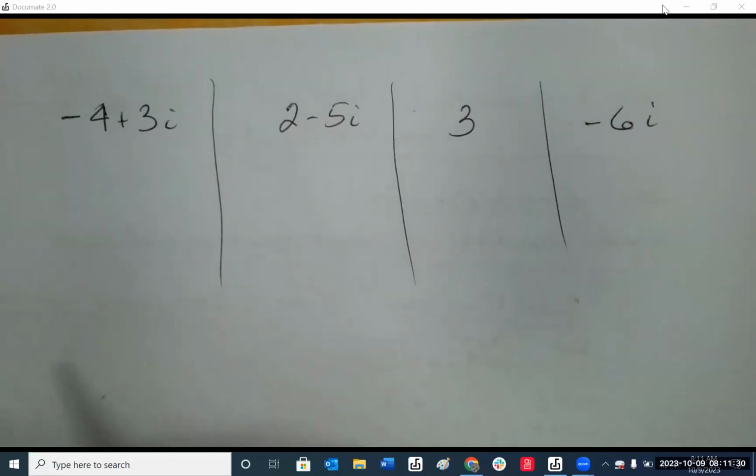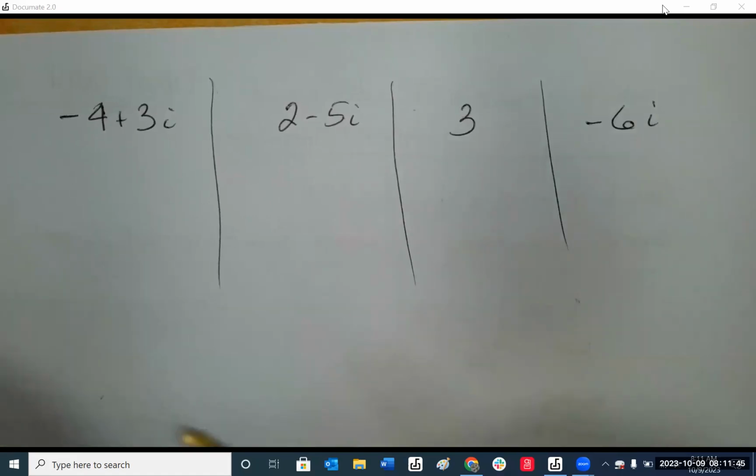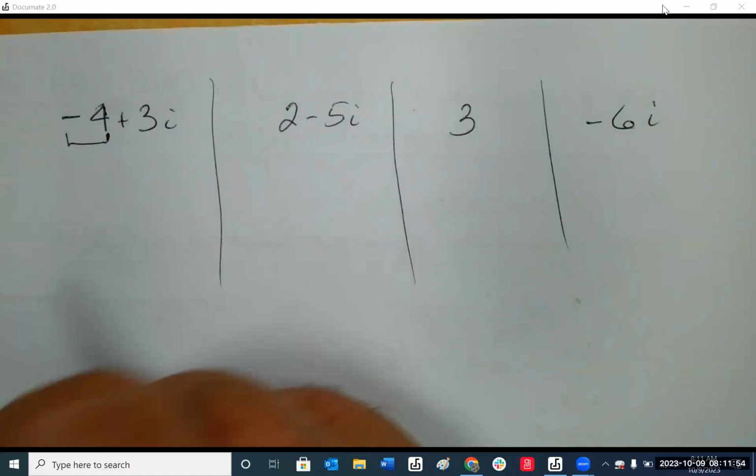Is it imaginary? I mean, is it a complex number? Yes or no? So we have a no. What do y'all think? Is it a complex number? It's either yes or no. It's a 50-50 shot. It is a complex number. This is a real number.